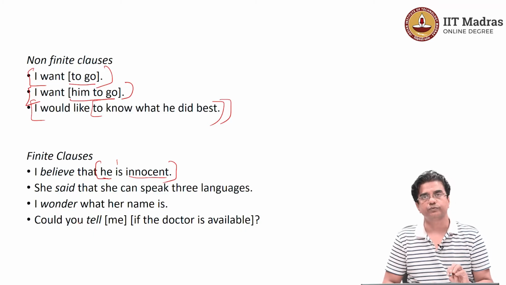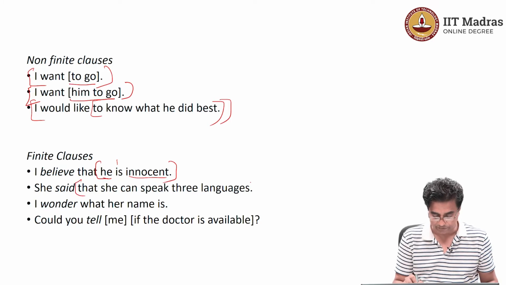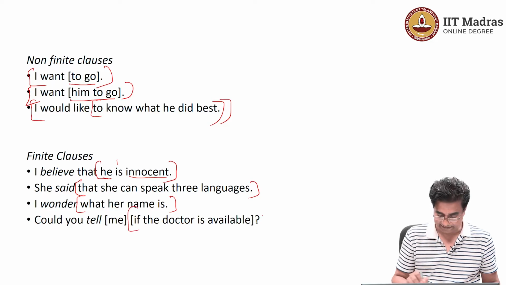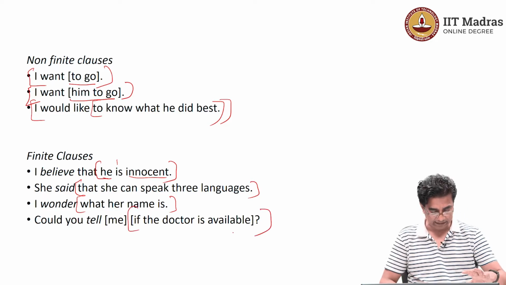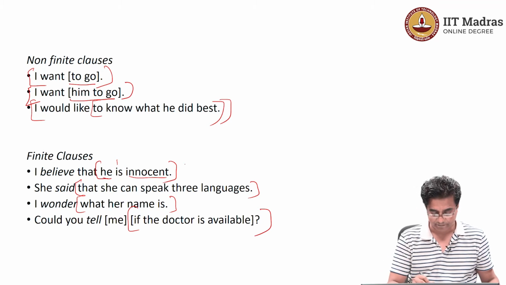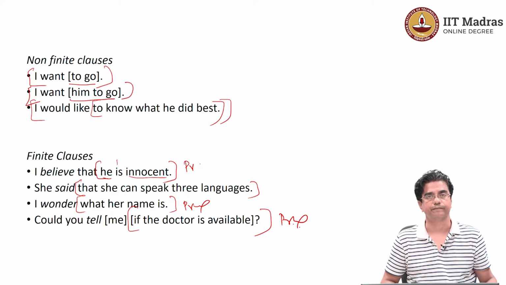When you look at embedded clauses in all these examples, you will see that they have their own tense on it. And as a matter of coincidence, in all these cases, they are present tense.